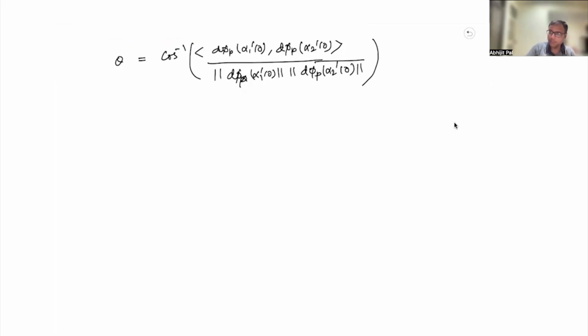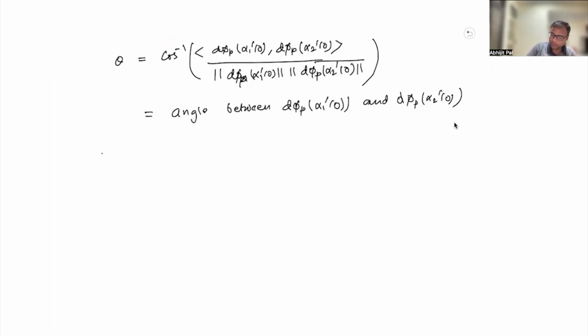So this is the angle between the tangent vectors d phi p alpha 1 prime 0 and d phi p alpha 2 prime 0.